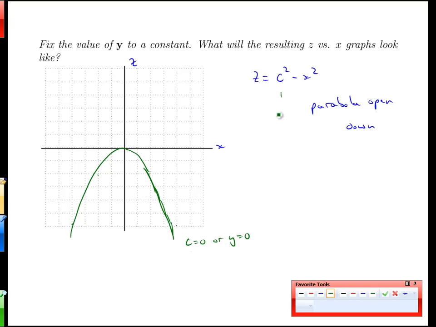And then if we made that 1, that would correspond to y equals 1 or negative 1, and that would be shifted up. So we'd have the same basic shape, just moved up. And like we saw before, c equals 2 would be y equals 2 or negative 2. We'd have a parabola like so.